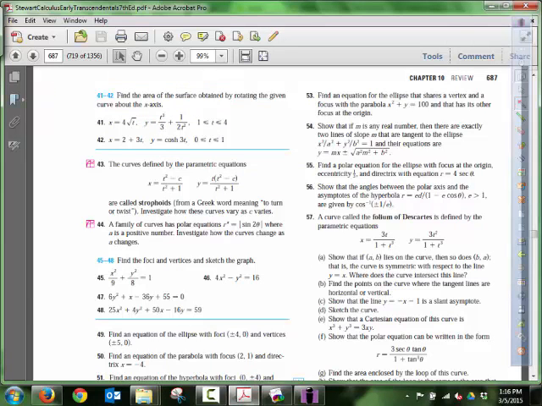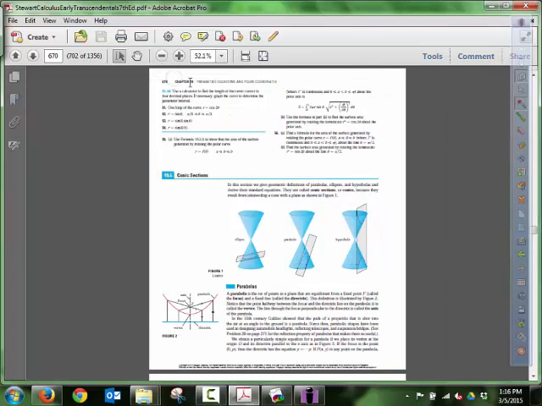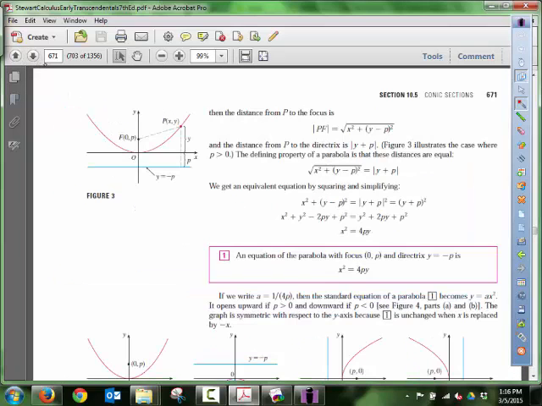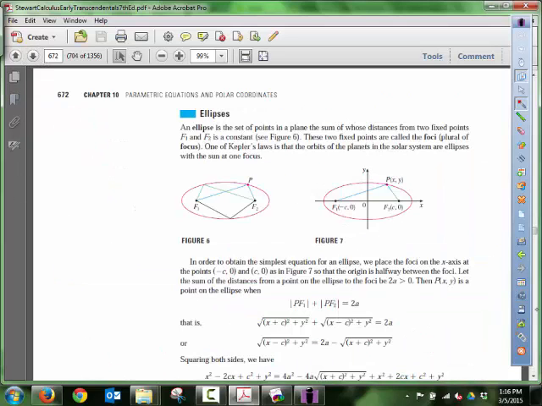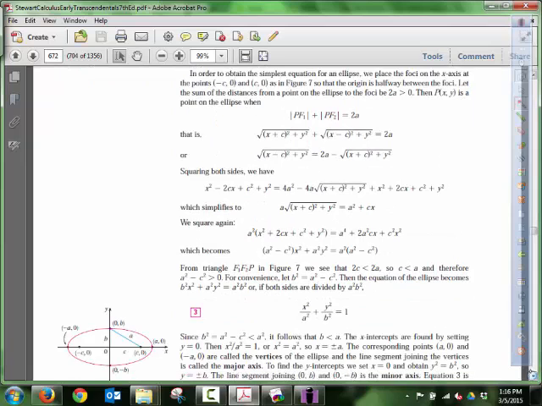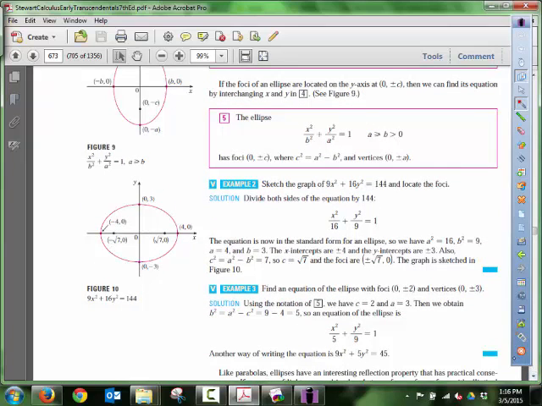All right, now I have to look. Oh, it's from the center. Okay. All right. Well, that was easier.